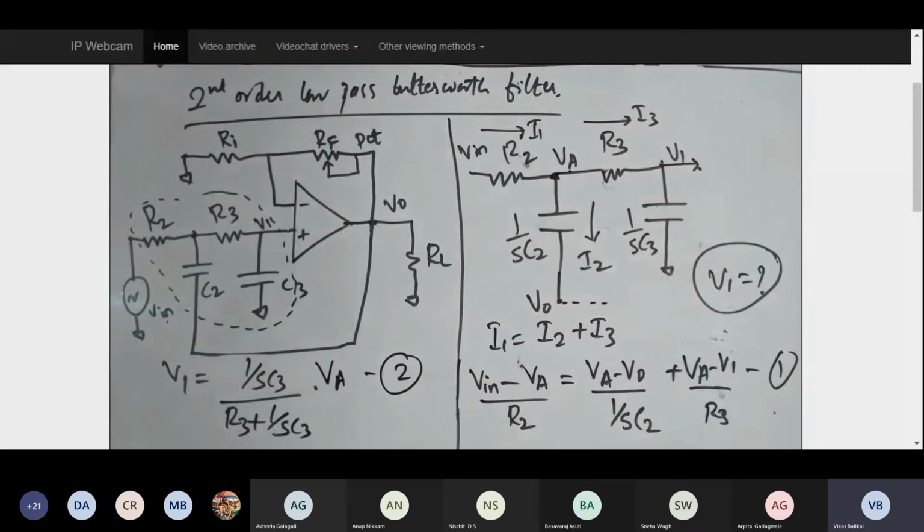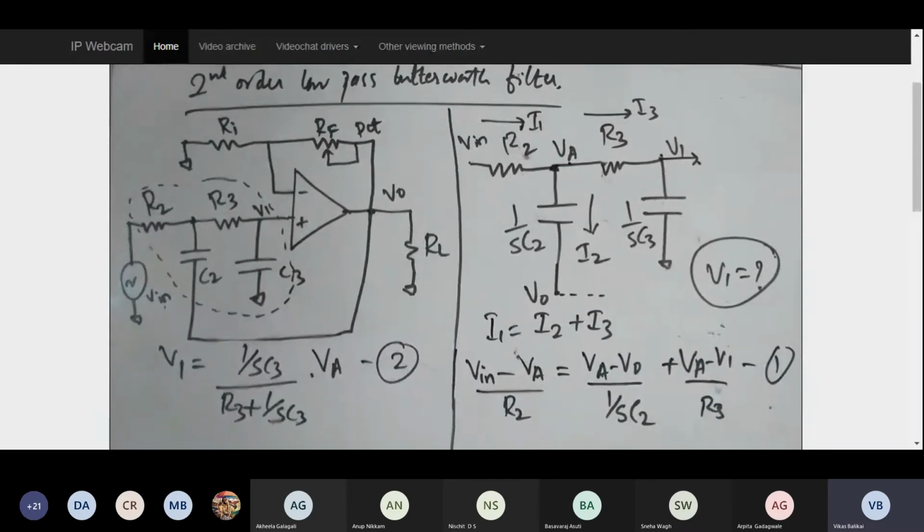Once I know the major equation, that is the Kirchhoff's current law equation, and the V1 equation, what I am supposed to do is substitute from this equation. Can I extract VA from equation number 2? Let's try.